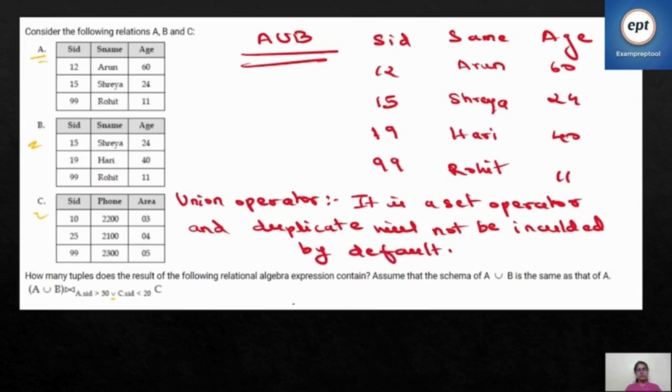In this you can also see 15 and 15 we wrote only one time, we didn't write them two times. By default we write it one time. We will not take it as a duplicate value, like 15 and 15 we will not write. We will write 15 for only one time. So this is the union operator note.